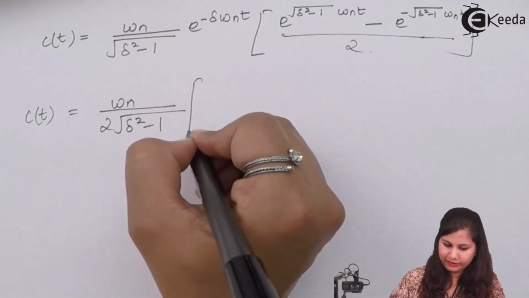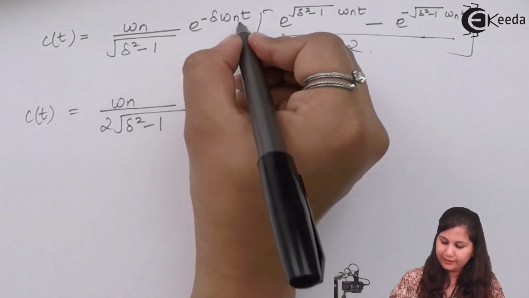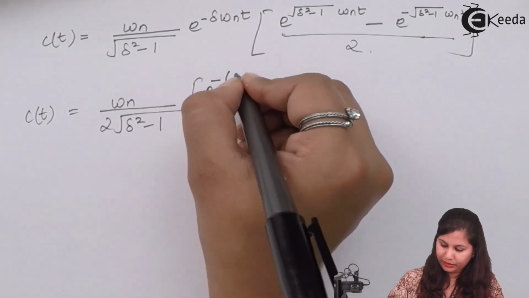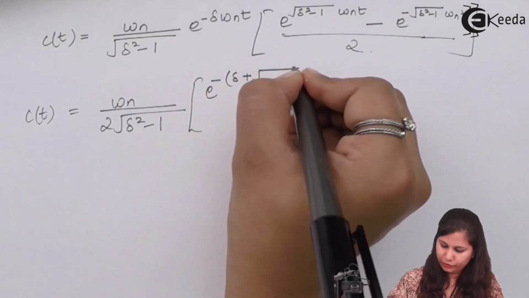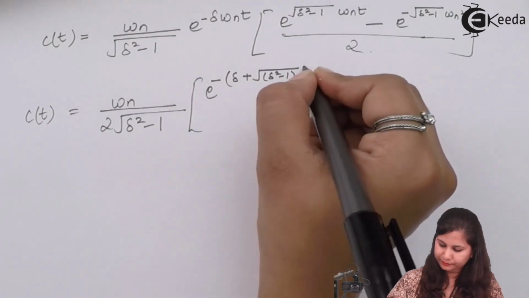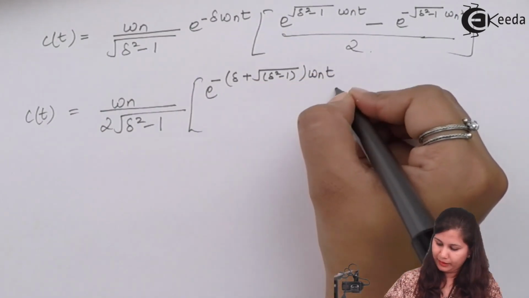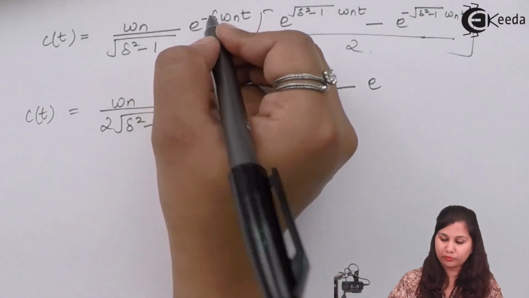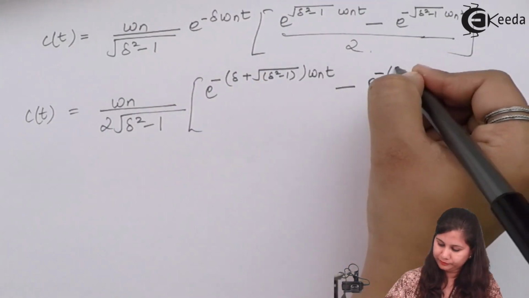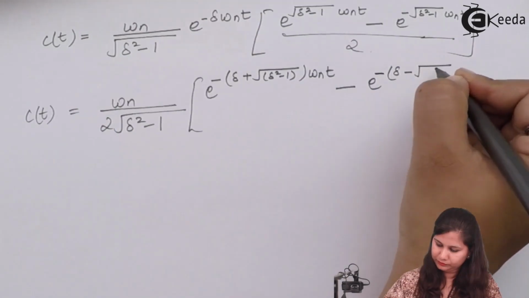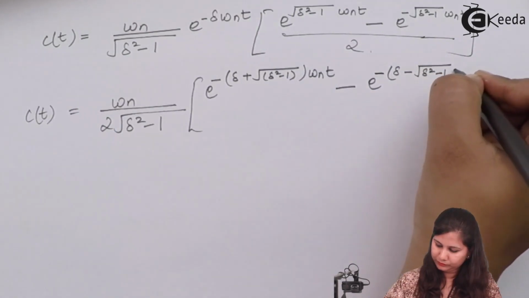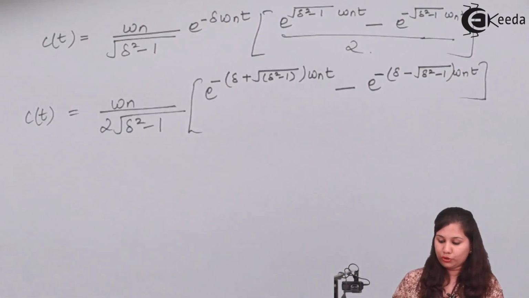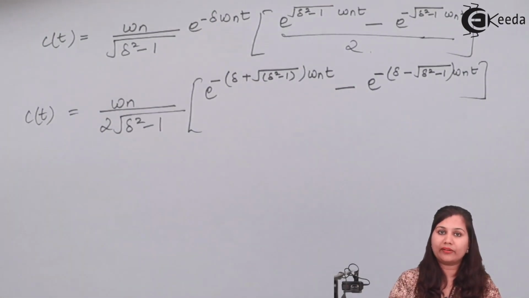If we multiply this, we get e raised to the power minus del omega n t, which can be taken as common, so we are left with e raised to the power of minus del plus under root of del square minus 1 omega n t, minus e raised to the power of minus del minus under root of del square minus 1 omega n t, where we can take minus sign common. So this is the output response when del is greater than 1.